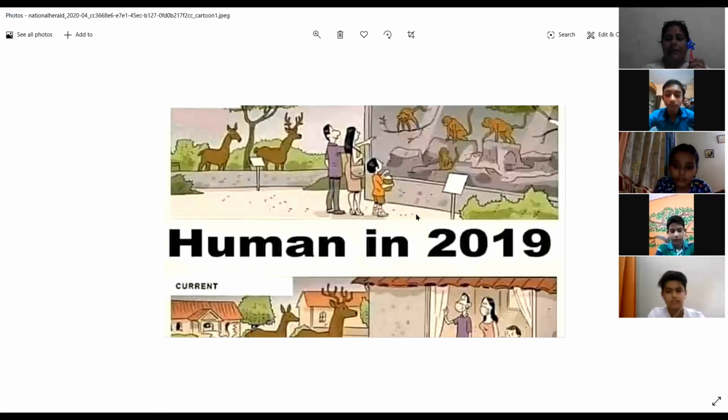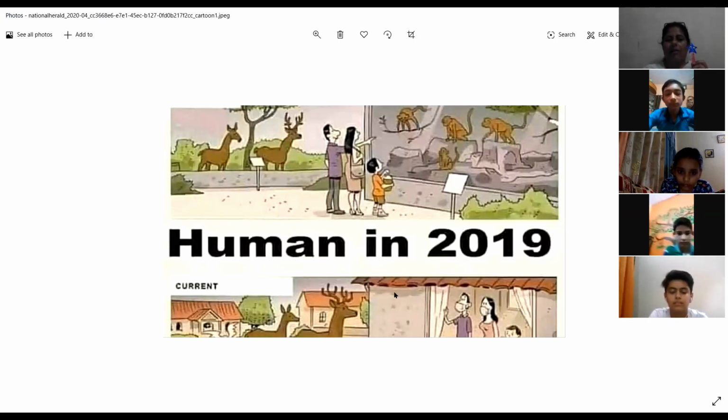What can be added in this is tit for tat. Nature is taking tit for tat. Earlier we were caging them. Now what is there? We are caged. They are free. We used to pay and walk in the zoo and wildlife sanctuaries. Now what is happening?